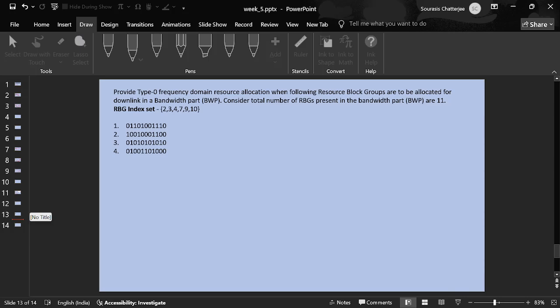I think that can vary. Okay, that is one thing. And since it's mentioned here type 0, there must be some other type also. What are these things?